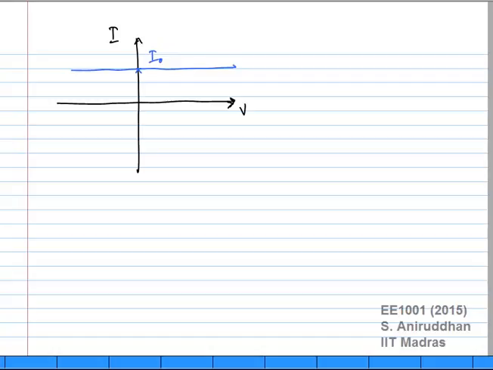This would be parallel to the x-axis with an intercept on the y-axis of value I0, right? So you can draw the IV characteristics for any of these elements.